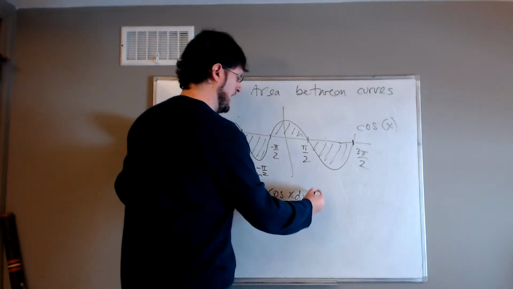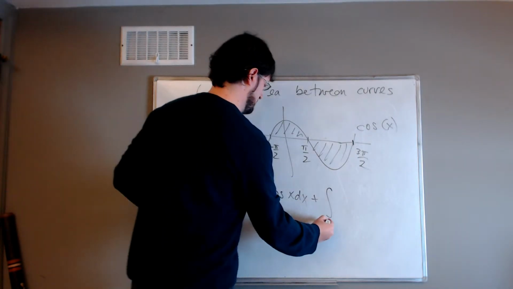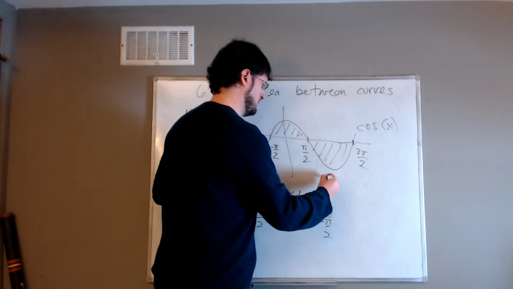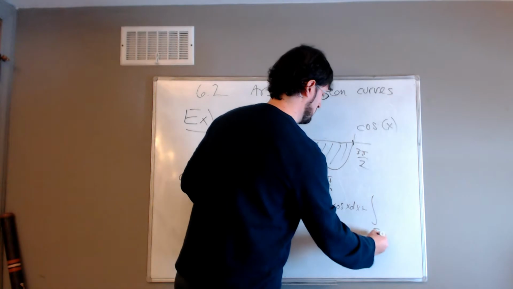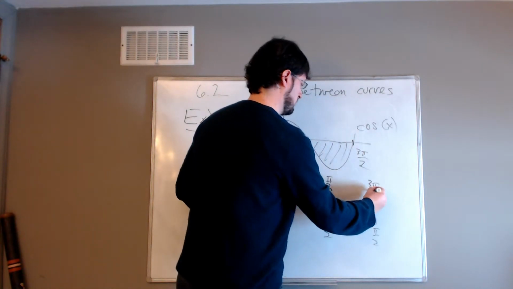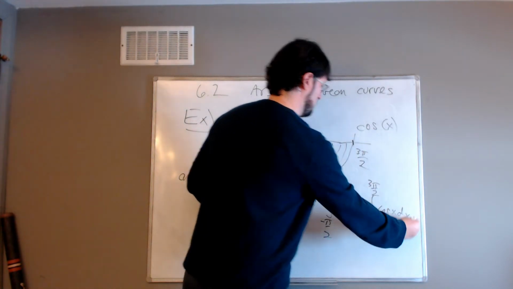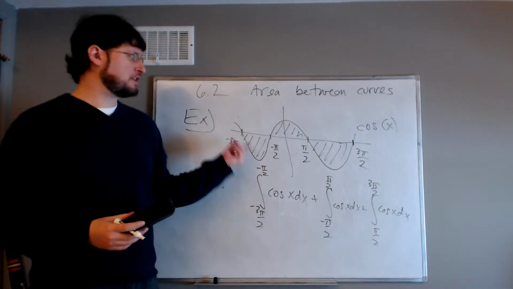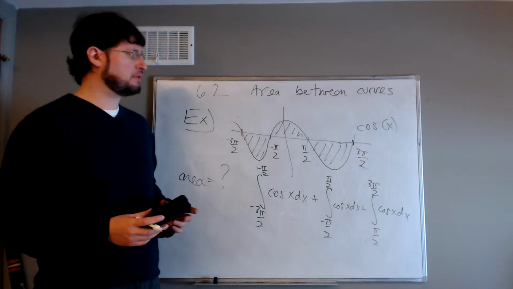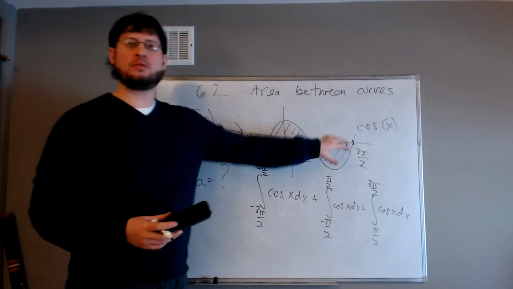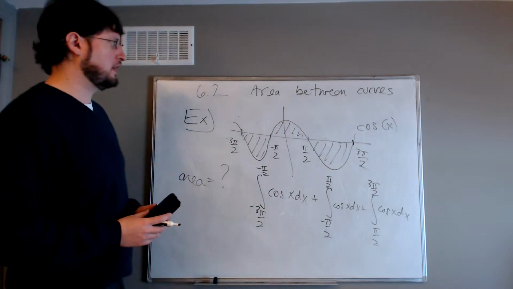And then I need to add the other portions as well. Now, each of these in this particular case is going to be the same thing, so you could have just evaluated one of them and multiplied by 3. But in general, you've got to be careful about what's plus and minus as far as calculating area.